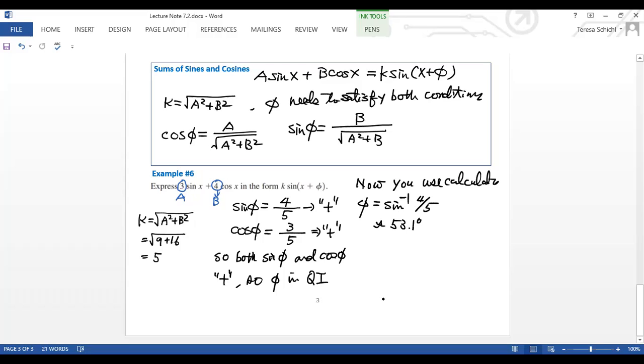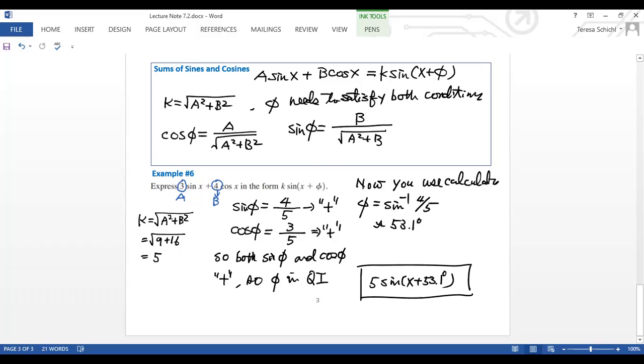So finally your answer is 5 sine of x plus 53.1 degrees. Of course, if a and b have positive and negative signs, then you need to be careful and see which quadrant phi is in, then you can decide what the angle phi is.